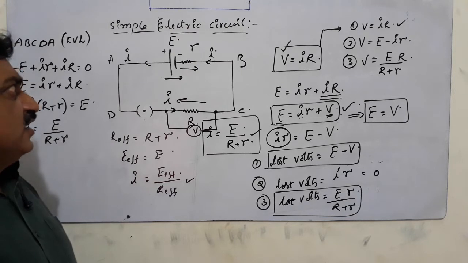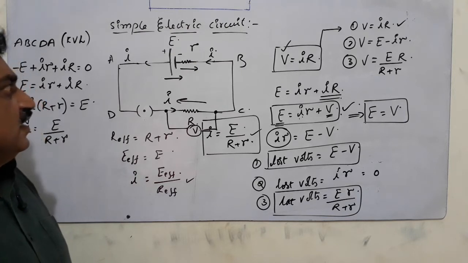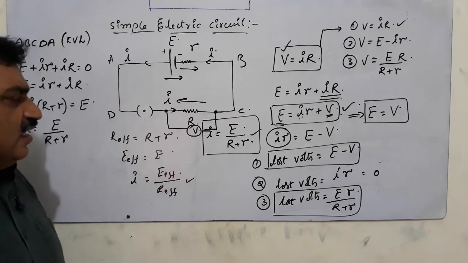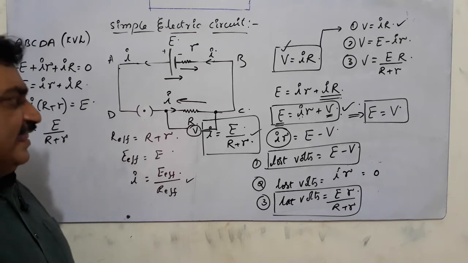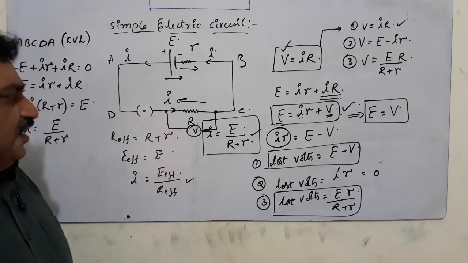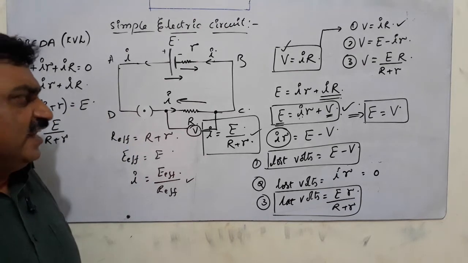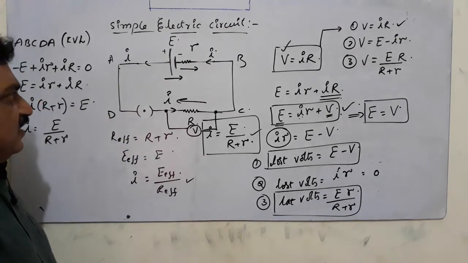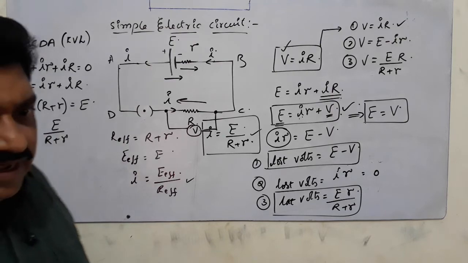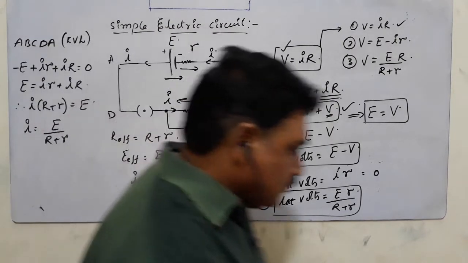Very important concept is electric cell and current in the electric cell in a simple circuit, terminal voltage of the cell as well as the internal resistance, etc.